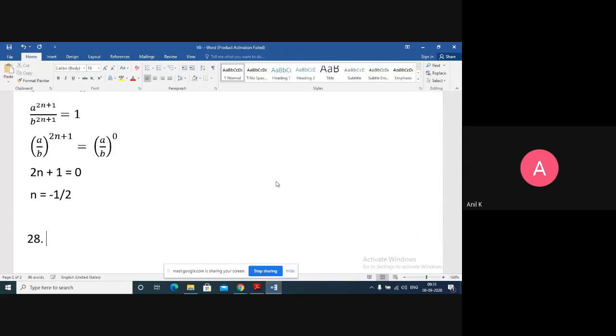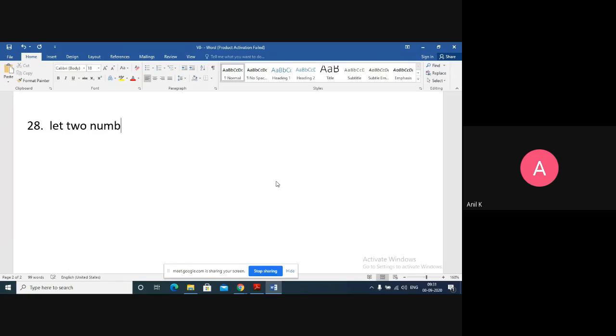They said sum of two numbers. So let the two numbers be A and B. These are the two numbers which we considered. Sum of two numbers, that is A plus B, equals 6 times their geometric mean.